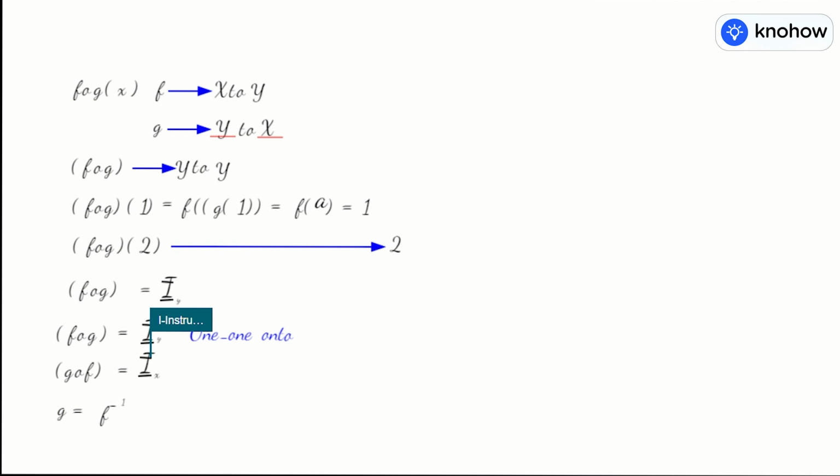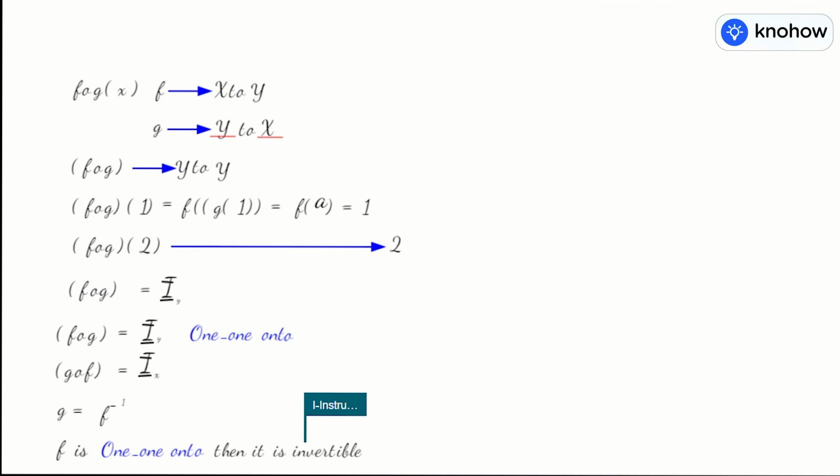It could also be taken like this, that f should be one-one onto, then only it will be invertible. So, to prove that a particular function is invertible or not, either we can check that it is one-one onto, or we could find another function g such that FOG and GOF both are identity functions, and then g is said to be f inverse.